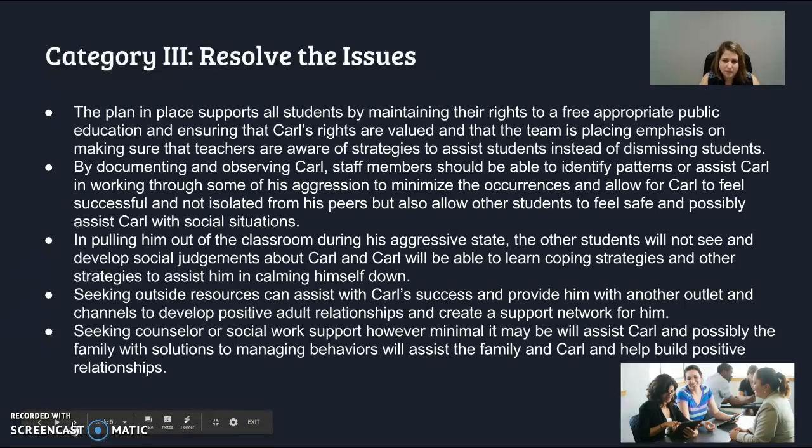We can find those patterns or see if there's some strategies we can use to help him in the classroom and outside of the classroom and pulling him. We're going to help him socially because we want Carl to continue to be able to be social, but we also are going to see if we can assist Carl through the resources we have available in the district.